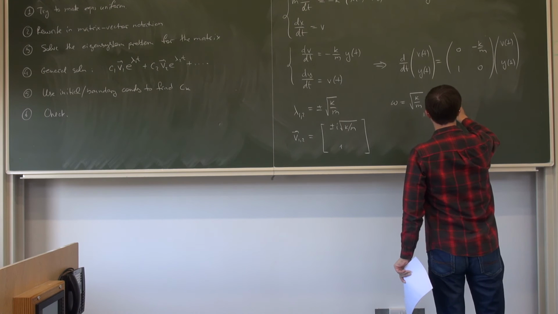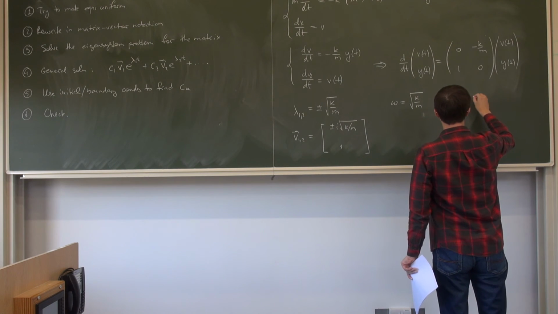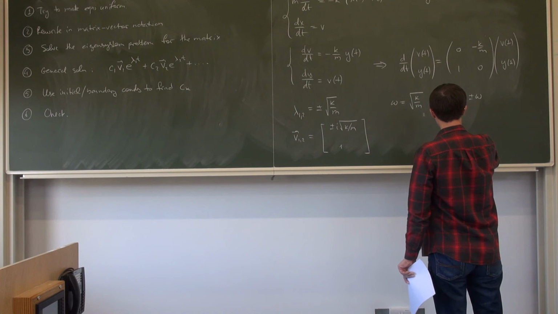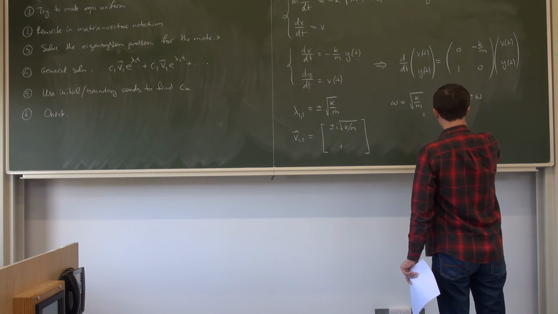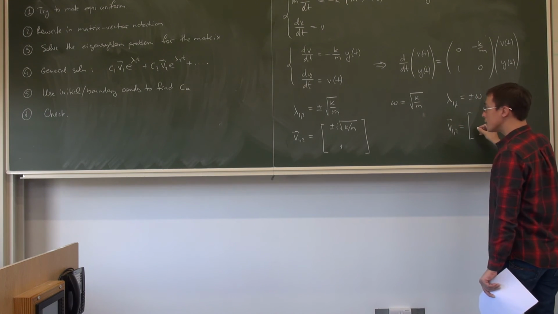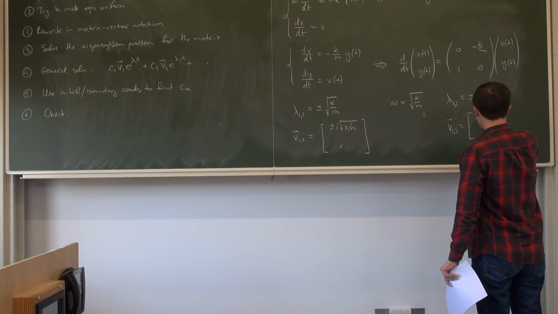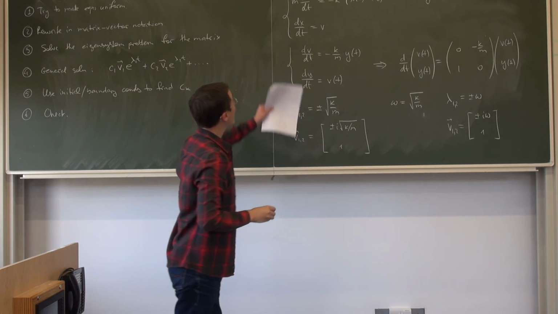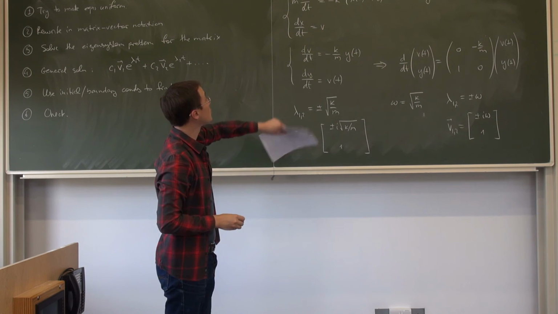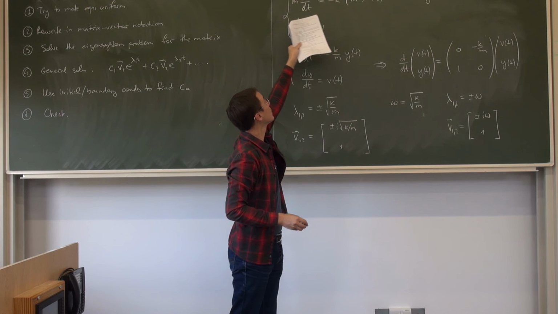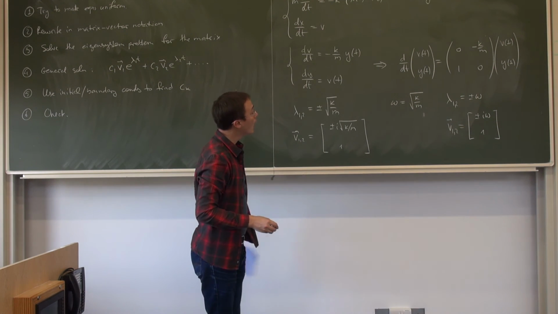So we will have lambda 1 and 2 now plus or minus i omega, and then v1 and 2 is a vector that is plus or minus i omega, and then 1 here. Considerably easier. And then our original equations will have the square of that frequency over here because it will be k over m.